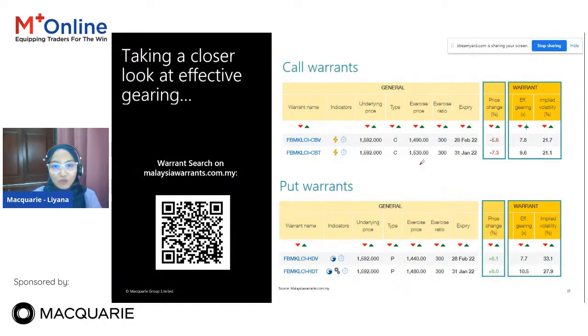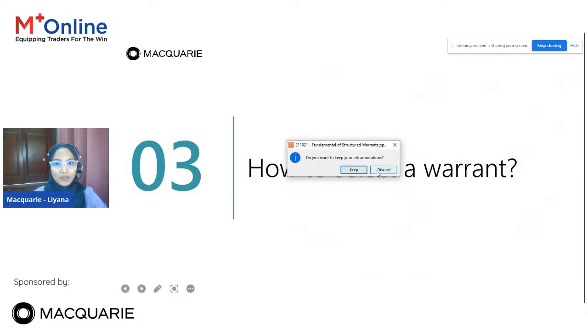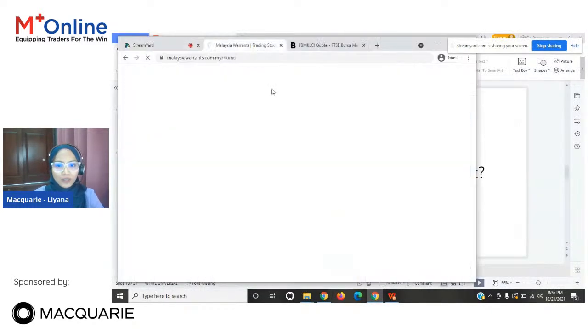Alright. So, saya nak tunjuk contoh KLCI warrants yang ada sekarang ni, because yang ni memang contoh effective gearing dia sangat cantik. Let me share my screen, one second. Yeah, let me just go to Macquarie Malaysia website, which is Malaysia Warrants.